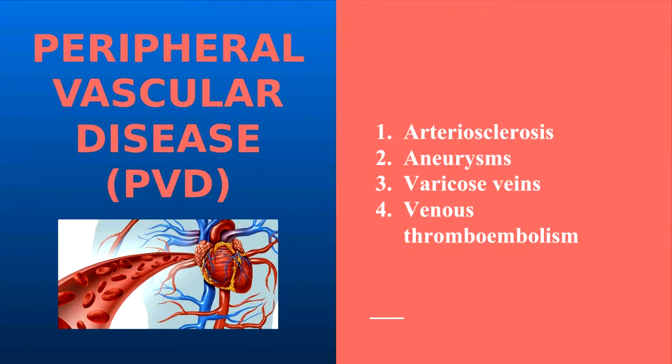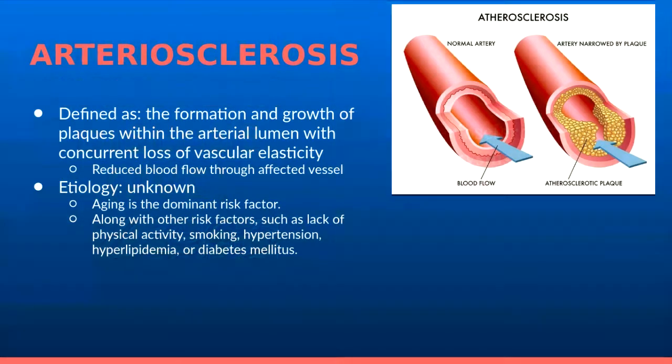Next, we have peripheral vascular disease. There are 4 of them we're going to talk about today. Let's go on with the first one, arteriosclerosis. Arteriosclerosis is defined as the formation and growth of plaque within the arterial lumen with concurrent loss of vascular elasticity. The process involves coagulation, inflammation, lipid metabolism, internal injuries, and smooth muscle cell proliferation.